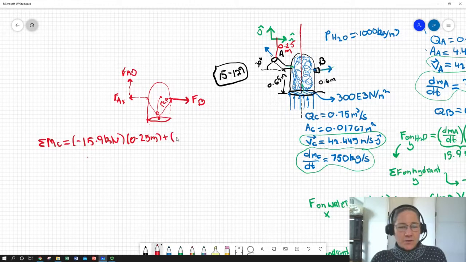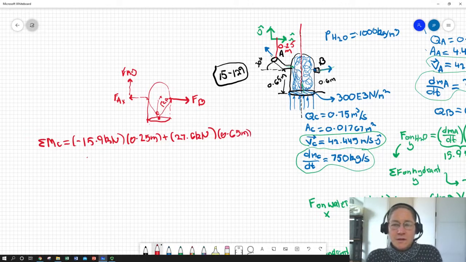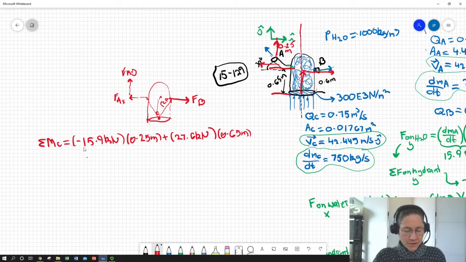And then we have 27.6 kilonewtons times our 0.65 meters here. So that's basically getting this force, that force, the moments about point C due to those, given their radial offsets. And then of course we have B, and it's going the other direction.